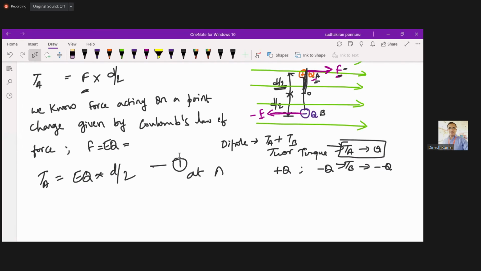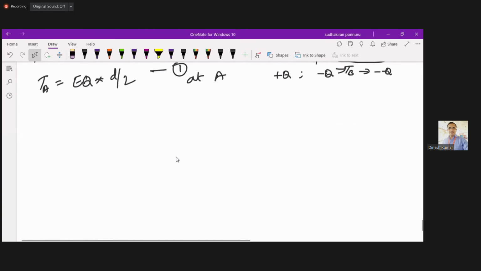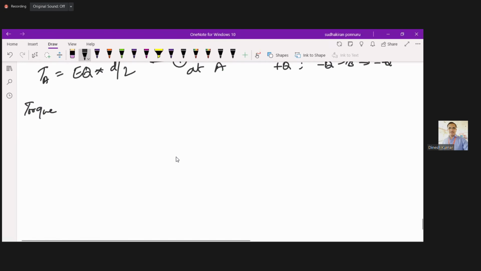Now we have to go with the torque at B, that is TB. The formula is the same: force into perpendicular distance.